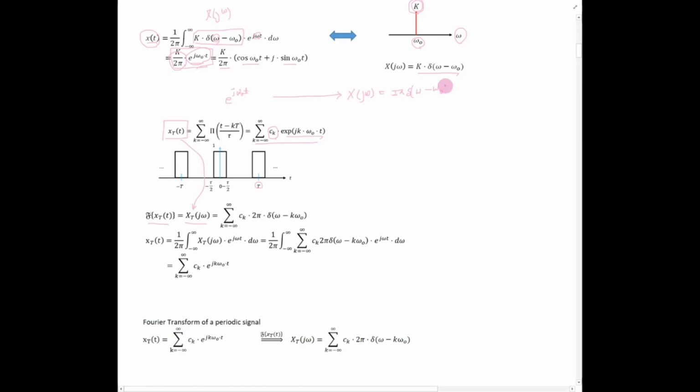By use of this relationship, we can replace the complex exponential term with the delta function. So for a given coefficient c_k, this complex exponential is transformed in the Fourier domain to 2 pi times delta of omega minus k omega 0.